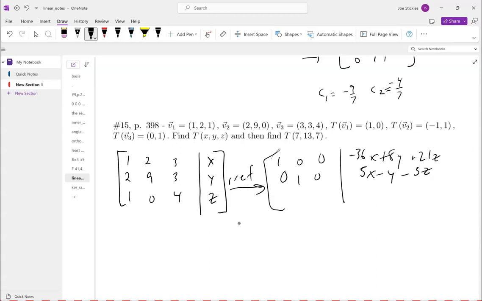And 9, 2, and 5z. Okay. So again, these numbers tell me how to write an arbitrary x, y, z vector as a linear combination of the 1, 2, 1, the 2, 9, 0, and the 3, 3, 4.